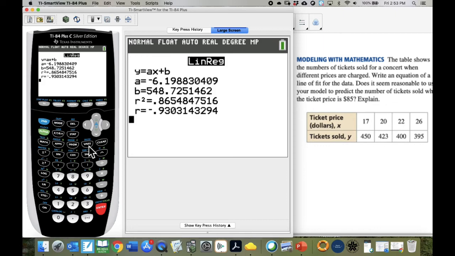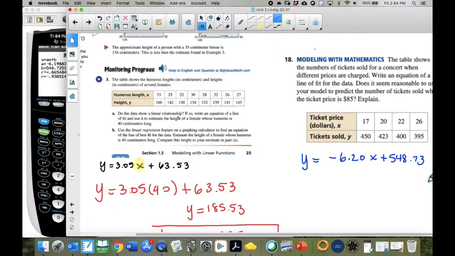I'm going to pause here, and I'm going to write this down, carrying it out to the hundredths or thousandths place. Okay, so I wrote down my digits, and I'm going to say that my equation is negative 6.20x plus 548.73. I need to write that down on my paper because I'm going to submit this paper.